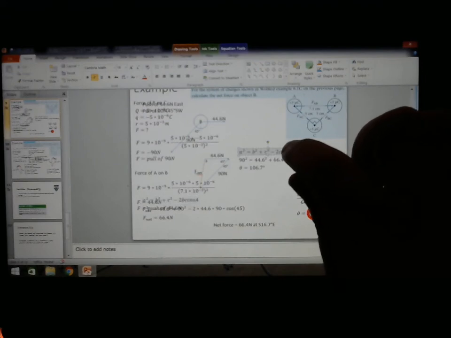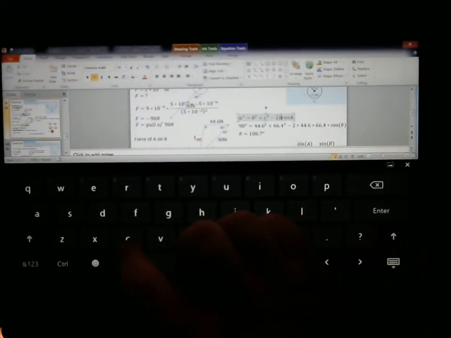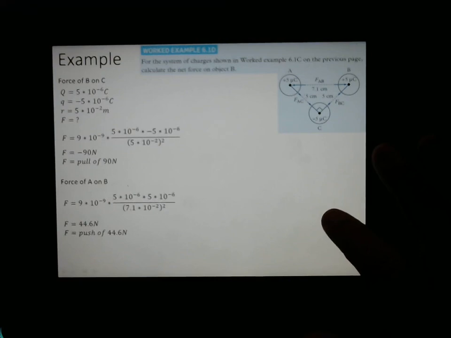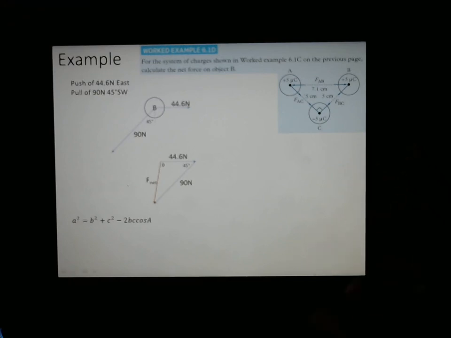The same copy paste formula up here. There we go.